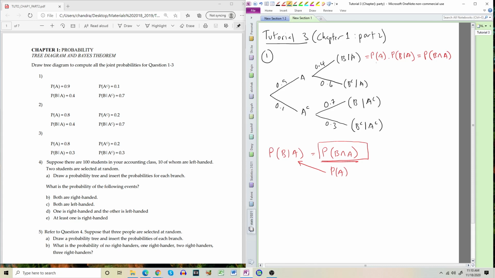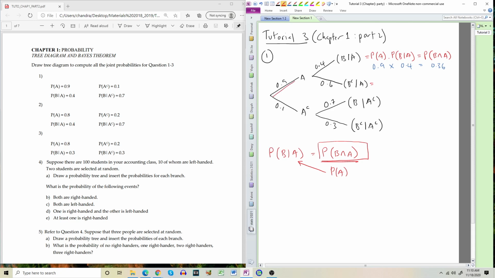What is the probability of A? 0.9 times 0.4, that would be 0.36. And the same goes for the others.